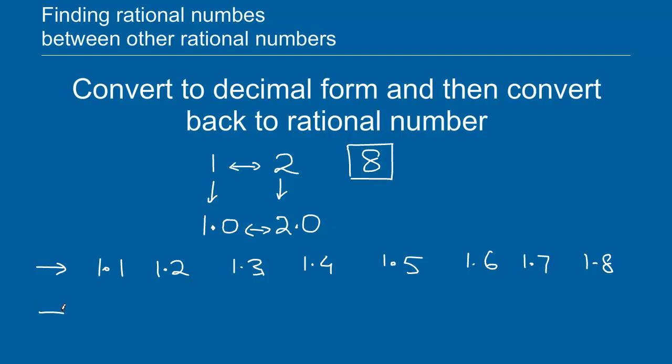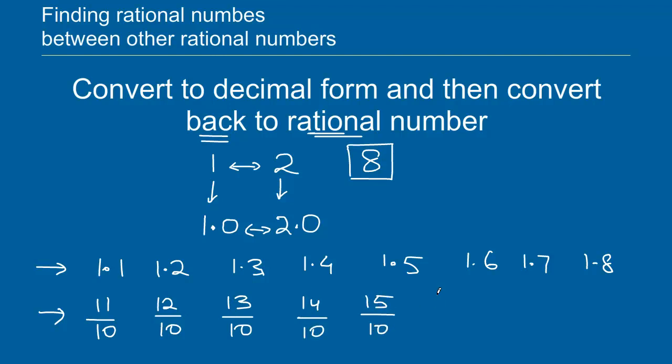And now comes the part of converting them back to rational numbers. We can easily convert each of these numbers back to rational number form, in the sense we can write 1.1 as 11 by 10. We can write this as 12 by 10. We can write this as 13 over 10, 14 over 10, 15 over 10, 16 divided by 10, 17 divided by 10, 18 divided by 10.